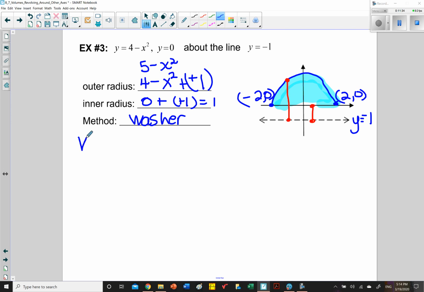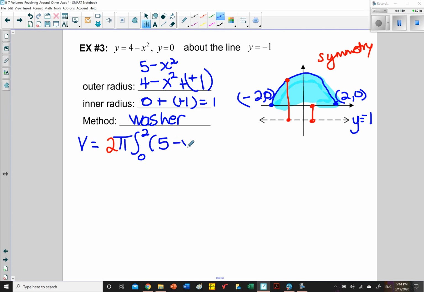So the volume, I'm going to use symmetry here. And we're going to integrate from 0 over to 2 and double that. You with me on that? So we got 2 regions that are the same size from 0 to 2.